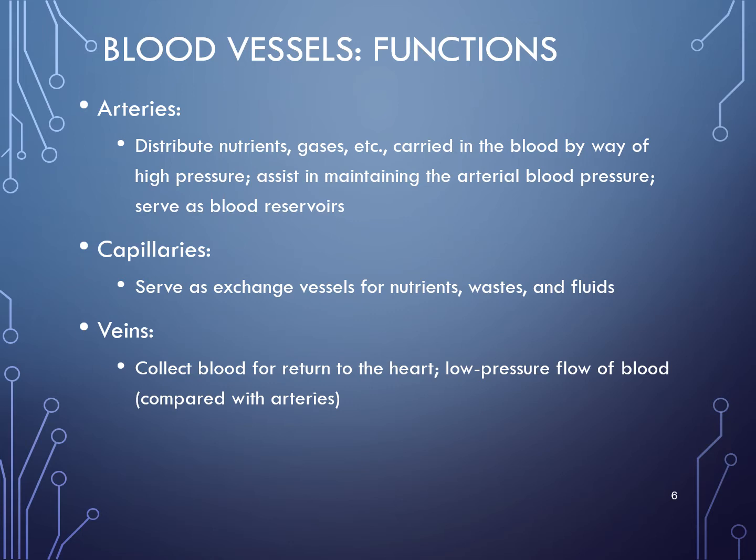Arteries specifically carry blood away from the heart by pressure, right? And the capillaries are where the exchange of nutrients, wastes, fluids, gases, all of those things take place. And then veins collect that blood and return it back to the heart so that it can be reoxygenated.